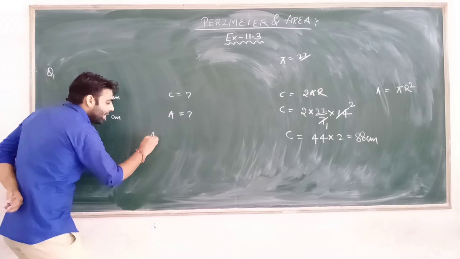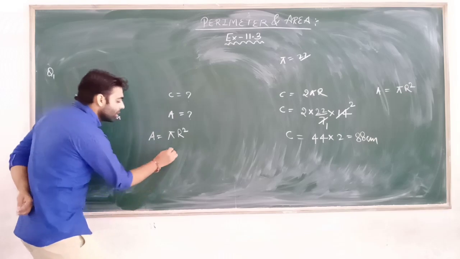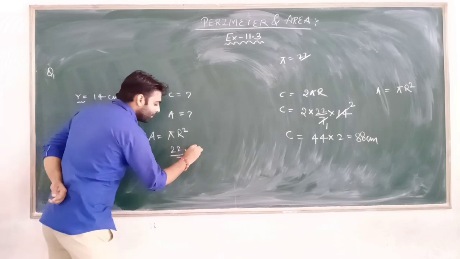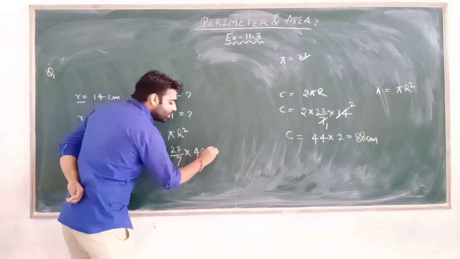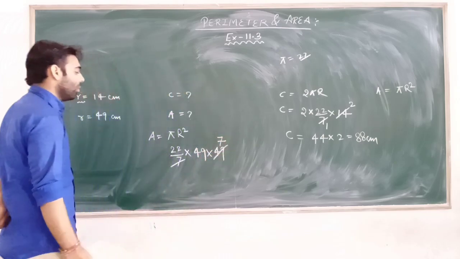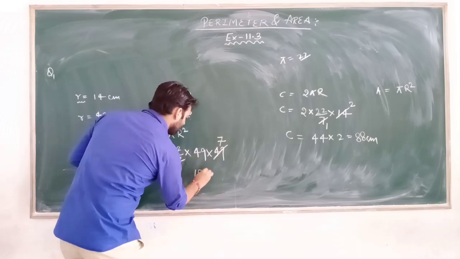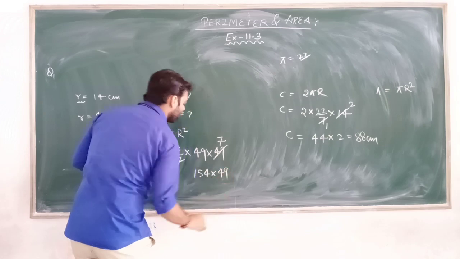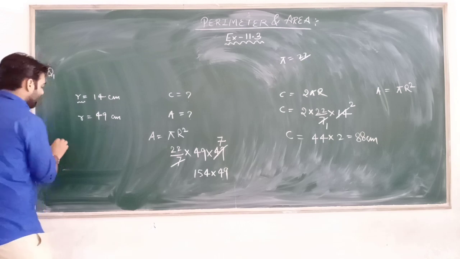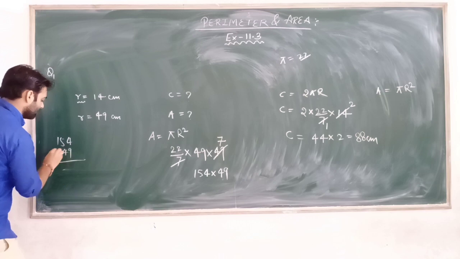Let's calculate the area. Area equals pi r square, that is 22 by 7, and the value of r, that is 49. Square means 2 times 7. That gives 154 multiplied by 49, and we will multiply 154 into 49 in the rough section.